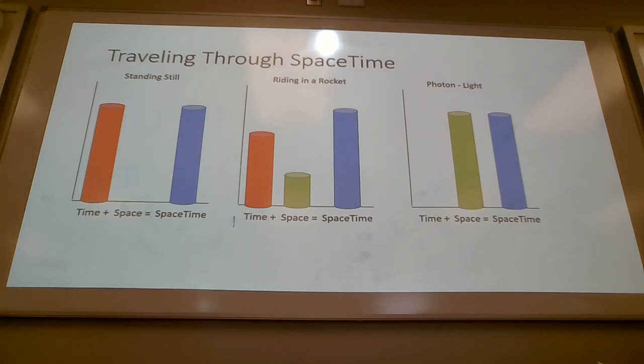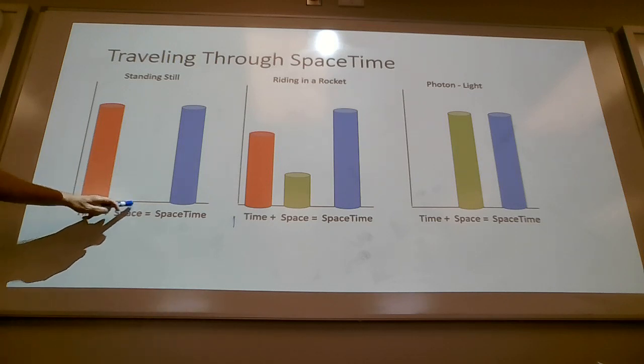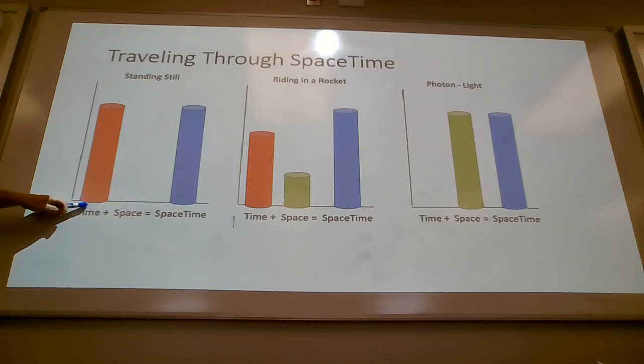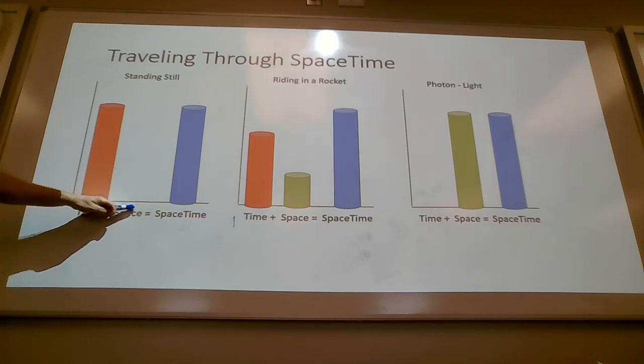Einstein said, hey, these 4 dimensions, this is space-time. Every object is traveling at the same speed through space-time. If you are at rest, you're not traveling at all through space. All your space-time velocity is going through time. You're traveling as fast as you are through time when you're at rest.